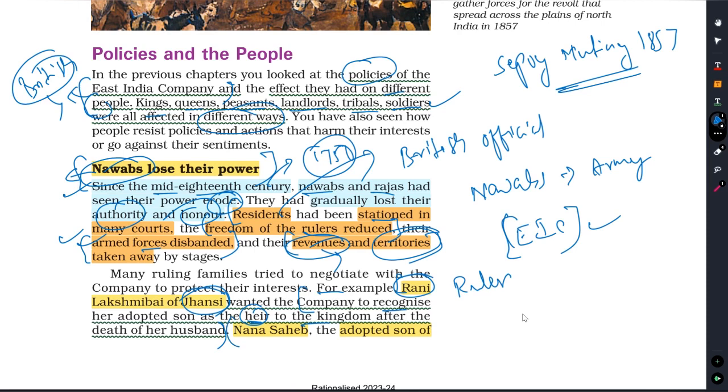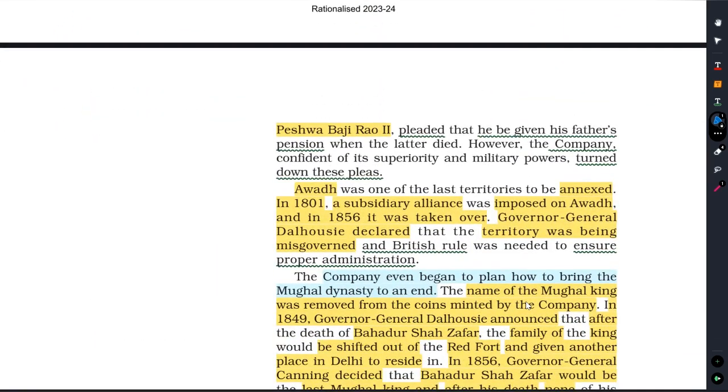Another example is Nana Sahib. He was also an adopted son of Peshwa Bajirao, who was the ruler of the Maratha kingdom. Maratha, today's Maharashtra region, used to be called the Maratha kingdom earlier. Peshwa Bajirao died.